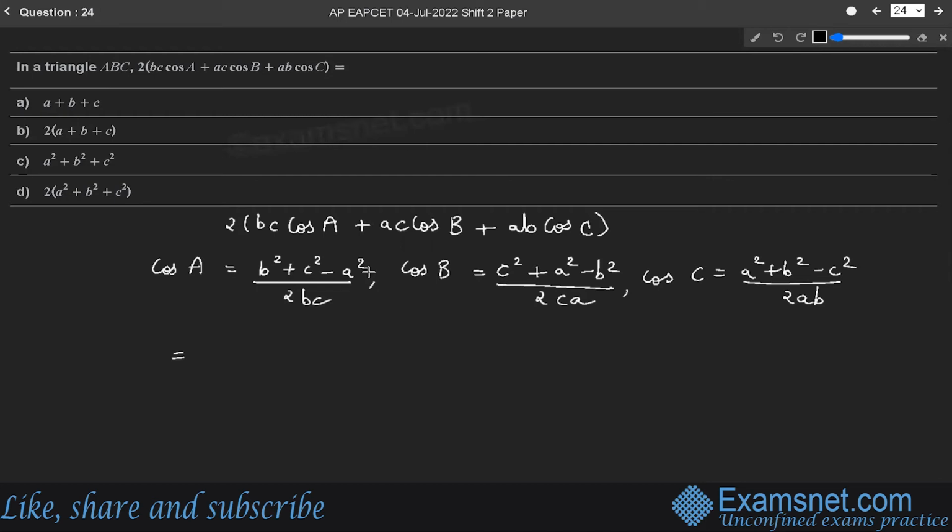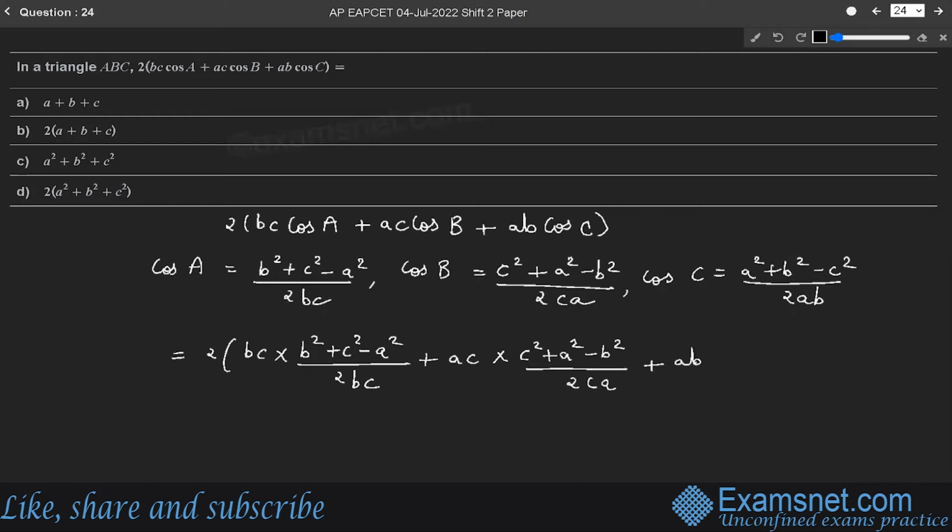So it becomes 2 into BC into cos A. Cos A is B square plus C square minus A square divided by 2BC, plus AC into cos B. Cos B is C square plus A square minus B square divided by 2CA, plus AB into cos C. Cos C is A square plus B square minus C square divided by 2AB.